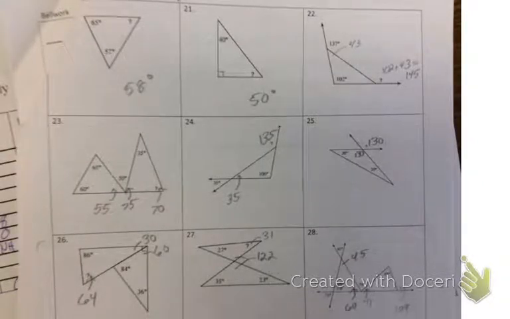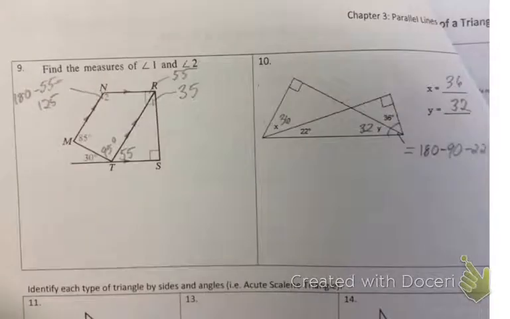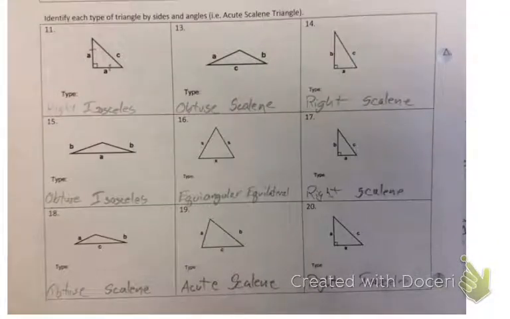For these. Yeah. Wait, how do you determine whether it's obtuse scalene or acute scalene? Look at number 13. How do I determine if it's obtuse? If it has one obtuse angle. Is it the exterior angle that has it? It is, see this angle here? It's obtuse, so it's an obtuse triangle.